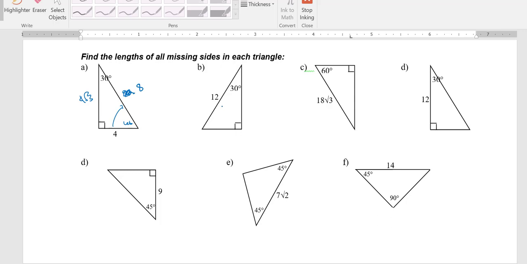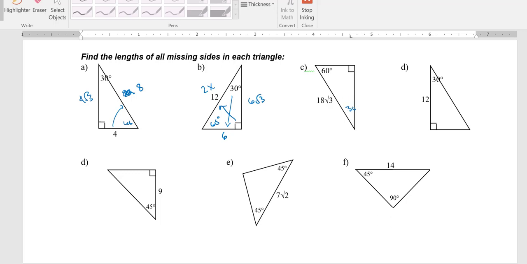This one is giving you that the hypotenuse is 12, so this is the 2x side. So you always want to try to find the x first if you can. The side opposite the 30 is the x. It's just going to be half of the 12, so it's going to be 6. And that means that this will be 6 times the square root of 3, because that's the side that's opposite of the 60 degree angle.